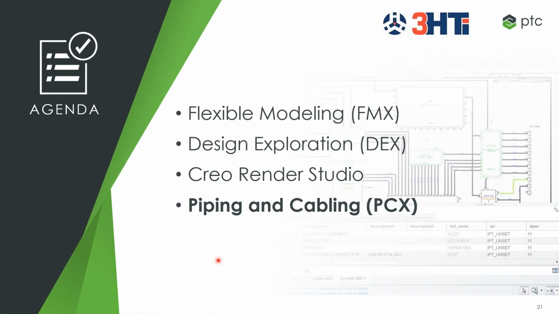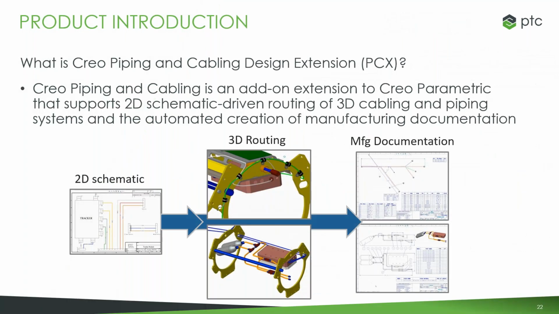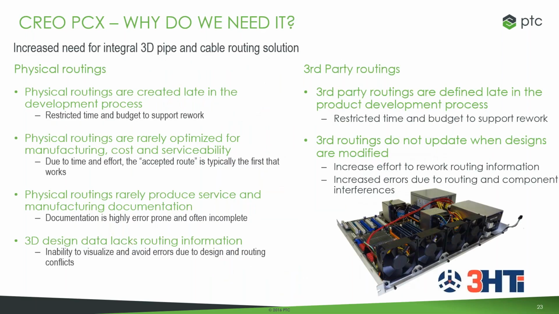All right, last one I'll touch on here, piping and cabling. I think this one's fairly new, I've never seen this included on some of these packages before, but now it is. So piping and cabling is what allows us to go from, say, a 2D schematic to the routing and the actual model, forward to the manufacturing documentation, and necessary because this sort of stuff usually occurs late in the design process and usually takes a bit of time if you're not working with a tool like this.